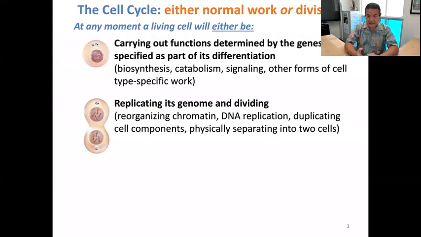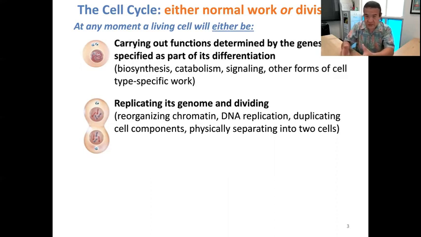So one thing to keep in mind, and we've discussed this previously, but I think it's important to think about. At any given moment, a living cell will either be busy, sort of preoccupied, carrying out its functions that are determined by the genes. And so it'll use the genes that it's meant to use from the genome that make it, for example, not just an onion cell, but specifically an onion root cell, right?